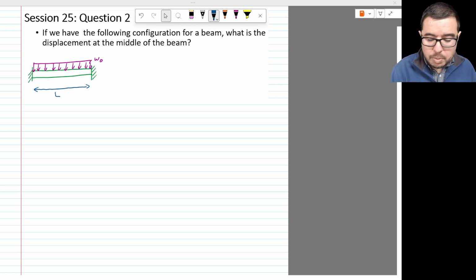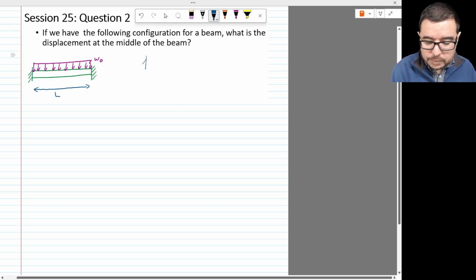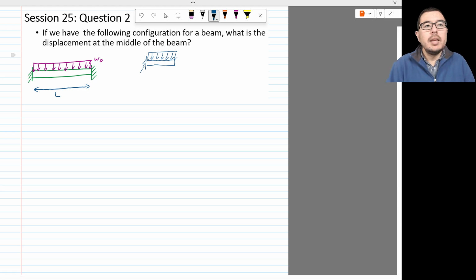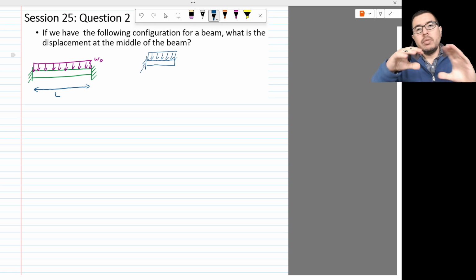So, for example, this system with the right wall removed and the distributed force applied would still be statically stable, or determinate, right? It's not going to flop around.